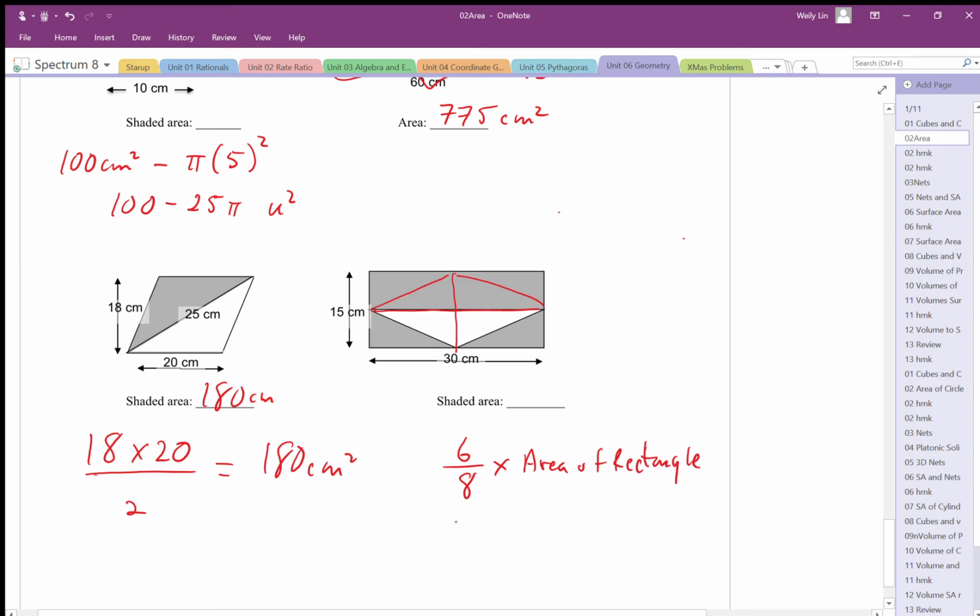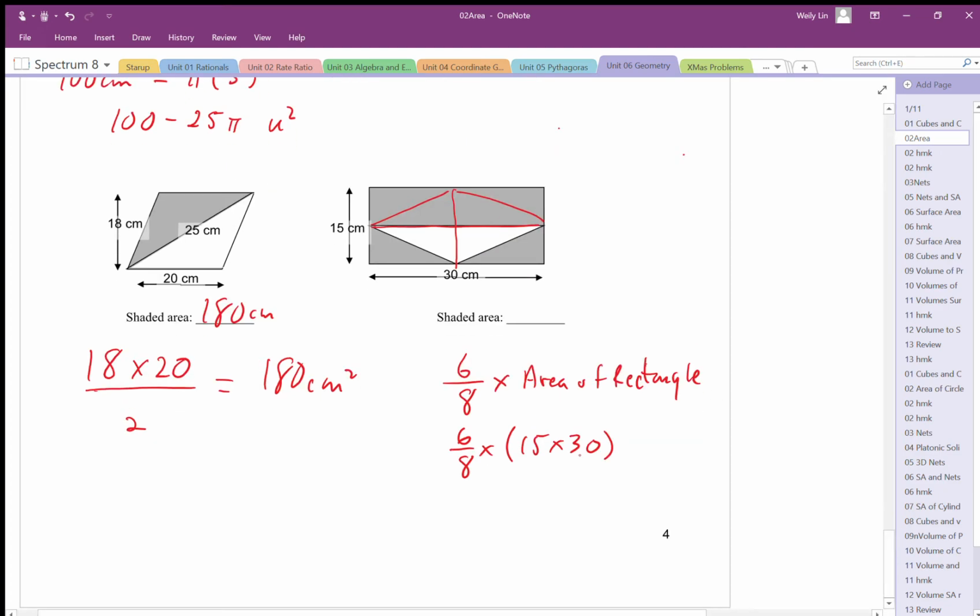So that's going to be 3/4 of the area of the rectangle. The area of the rectangle is going to be 15 times 30, so 3/4 of that area. 15 times 30 is 450.